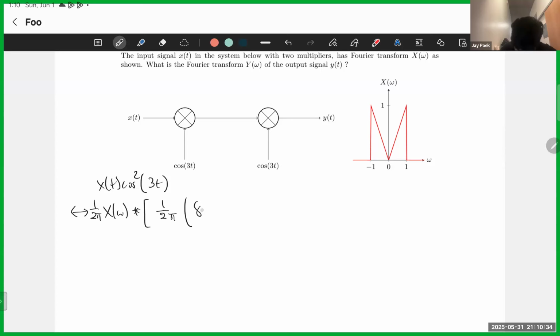Oh, I really don't like writing out deltas. It's so many parentheses. I'm sorry. I'll just write it out like this. Hold on. Pi delta 3 plus pi. Oh my God, so many parentheses.